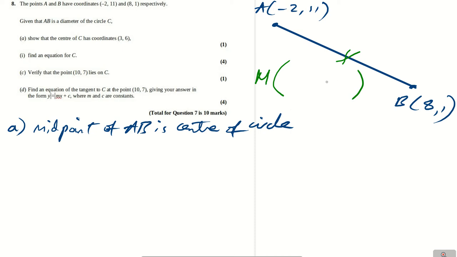We just add together the x coordinates and divide by 2 and do the same for the y coordinates. So minus 2 plus 8 over 2 and 11 plus 1 over 2.